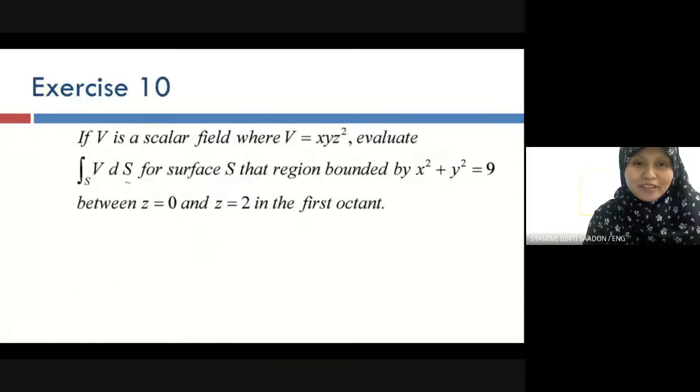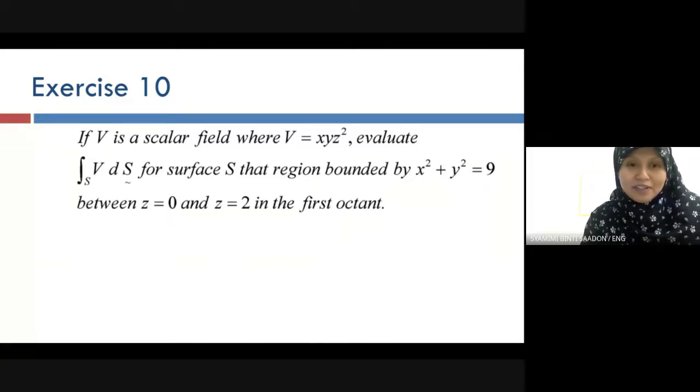Okay, this is an example you can do later on. If V is a scalar field, so we have V = xyz squared. It is the same as the example just now, just that here the region is x squared plus y squared equals 9, which means the radius is 3. Just now the radius was 2.